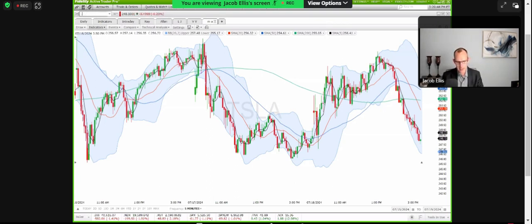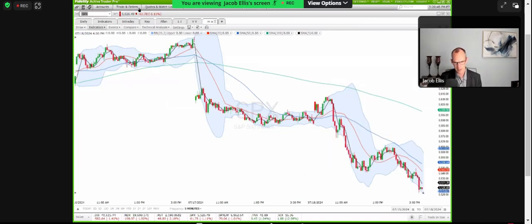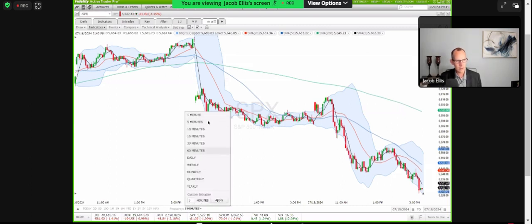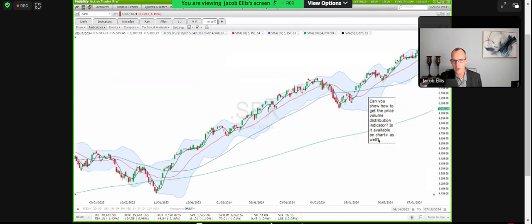For example, if we go ahead and take a look at the S&P 500, unless something has changed, and it looks like it has in the midst of our class, but let's take a look here at first the daily scale. And notice for me, folks, where our 20-day simple moving average is hovering. 5,540 or so.